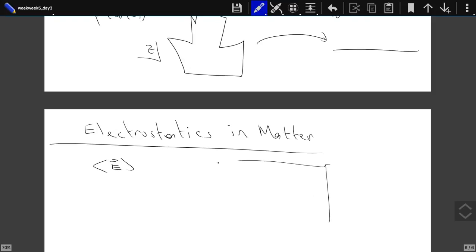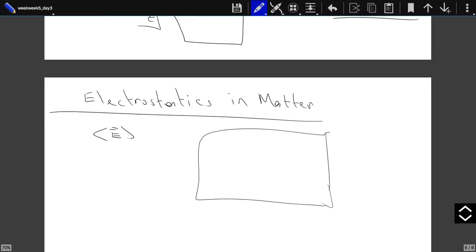And if you have this material, let's see, when we talk about the electric field at this point, we will consider the average over, let's say, a sphere. The average of the electric field in that sphere will receive two contributions.